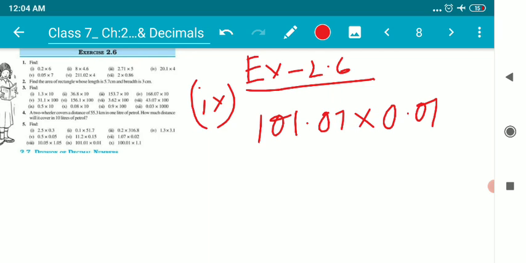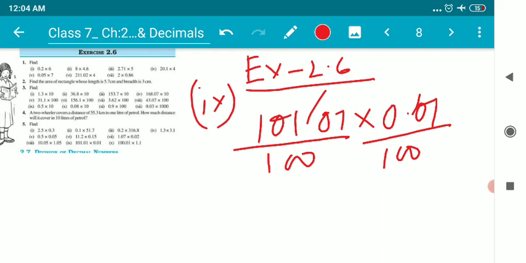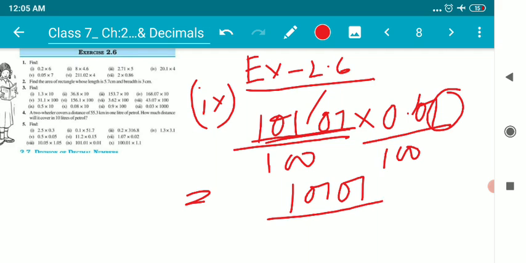0.01. Okay children, remove this point, you are supposed to get 10101 over 100, because you are getting 1 for the point, and after the point there are two digits, meaning two zeros. Remove this point, you are supposed to get 1. After the point there are two digits, meaning two zeros. So 1 will be multiplied with the whole number. So of course it will be 10101 only, divided by 100 into 100 results in 10000.